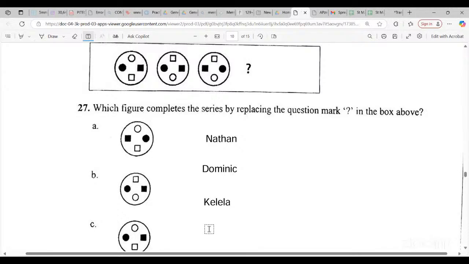But we don't know who the me is. What's your name? Matalia. I think it's Matalia. Yeah, Matalia. Let me see if somebody else is going to.